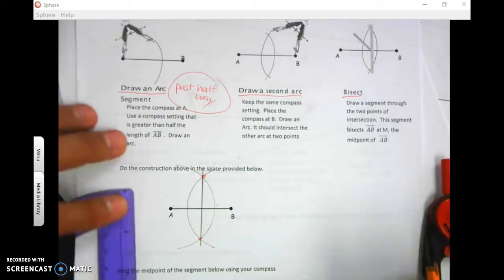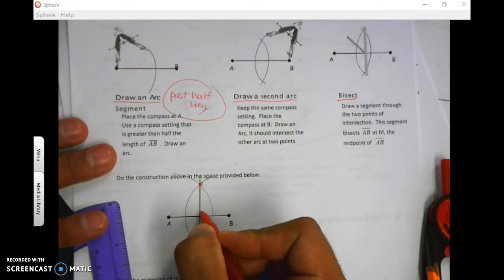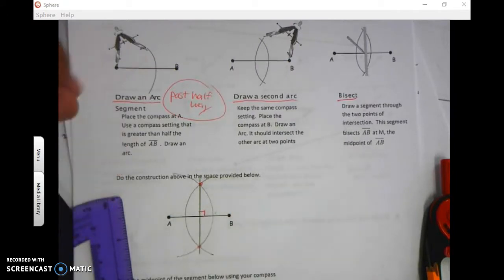And that segment is called a bisector. It should be in the middle. If it's not perfect, I can understand, because our compasses are kind of fragile. However, I do need to see all of these lines, all these arcs, exactly like this, okay? You don't have to put the right angle there, but it does make a perpendicular segment.